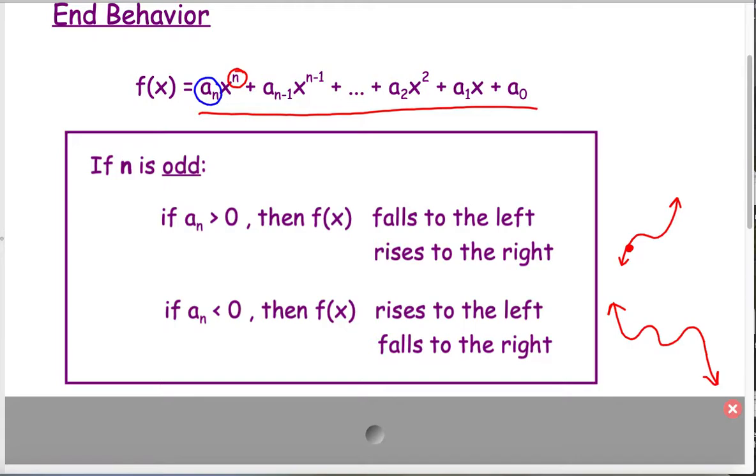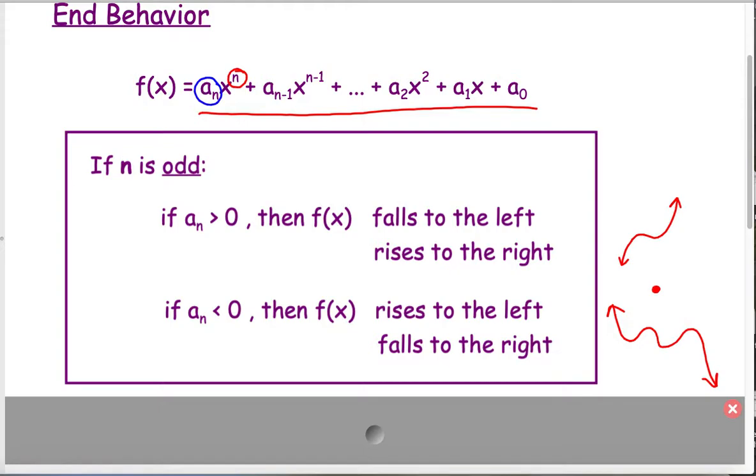If the degree is odd and the leading coefficient is negative, then as x gets really, really big, my graph is falling to the right. And as x gets really small, moving towards negative infinity, my graph will be rising. So it rises to the left, and it falls to the right.